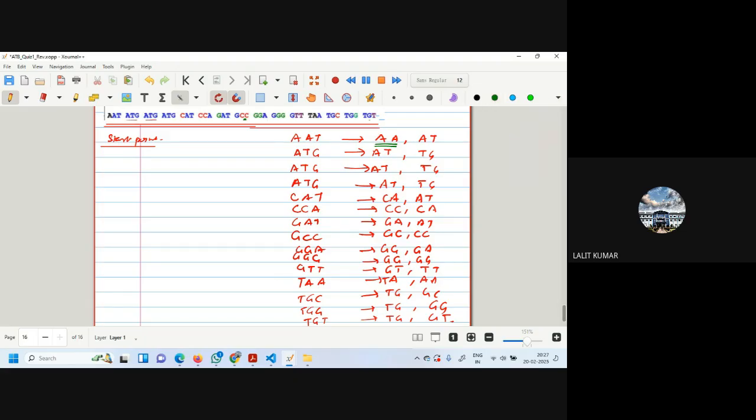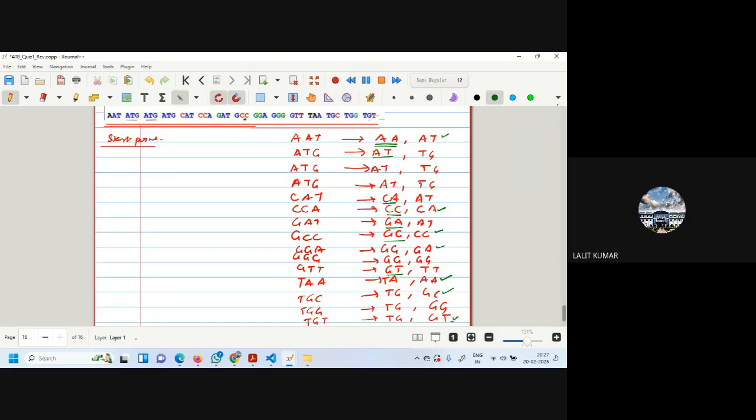So it cannot be the start point. AT, it is there. CA is there. CC, if we see CC, yes, it is there. GA, it is there. GC is there. GG is there. GT, we find.